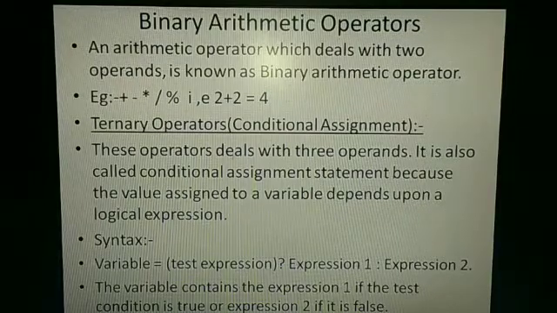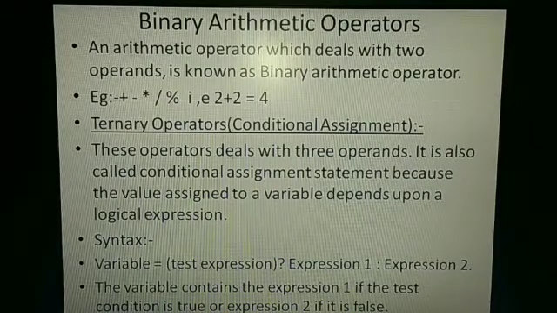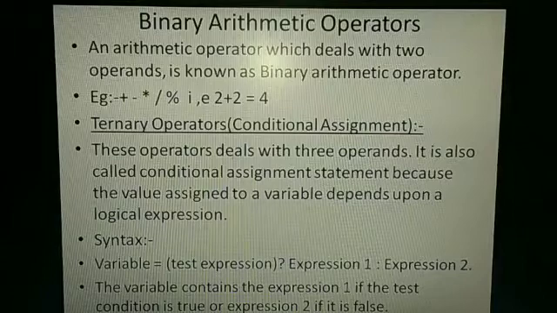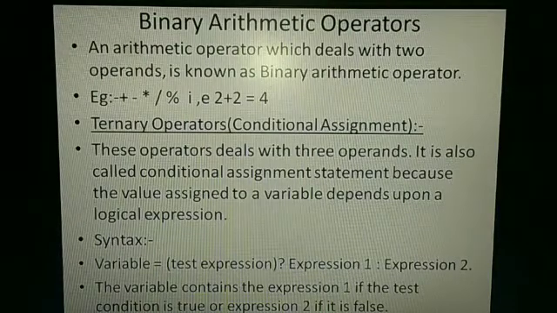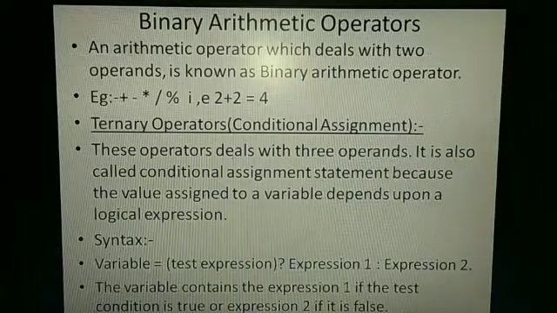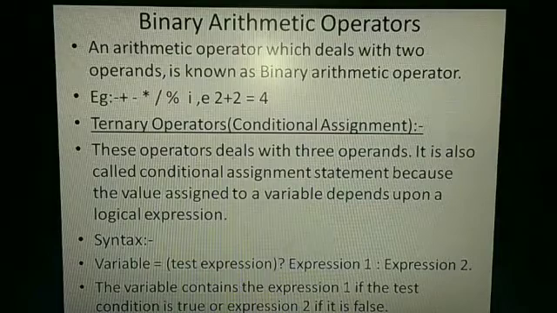An arithmetic operator which deals with 2 operands is known as a binary arithmetic operator. Examples are your daily arithmetic operators that you know: plus, minus, into, divide, modulus, etc. Next comes the ternary operator.